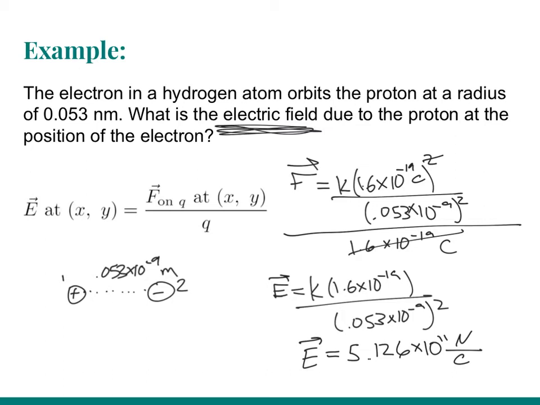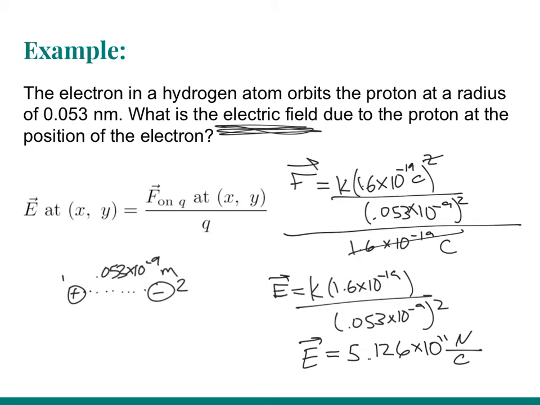So you might be tempted to say, well, it's pulling the negative towards it, so the field is towards it. But that's not how the electric field conventions work. And it's strictly a convention thing, but it is the convention for all physicists, so it's what we're going to do.